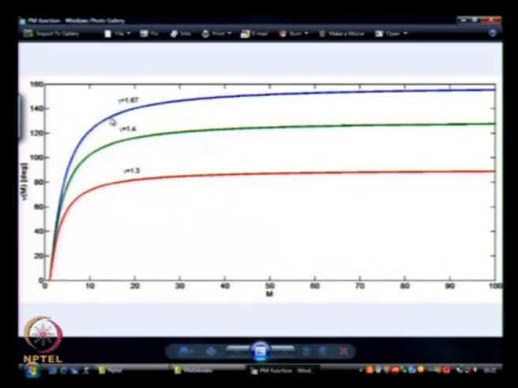Let us pick gamma equal to 1.4, the green one. It starts here, and they are all almost the same for very small Mach numbers up to 2 or so, there is not much variation in the angle. After that, at higher and higher Mach numbers, they split apart reasonably well.